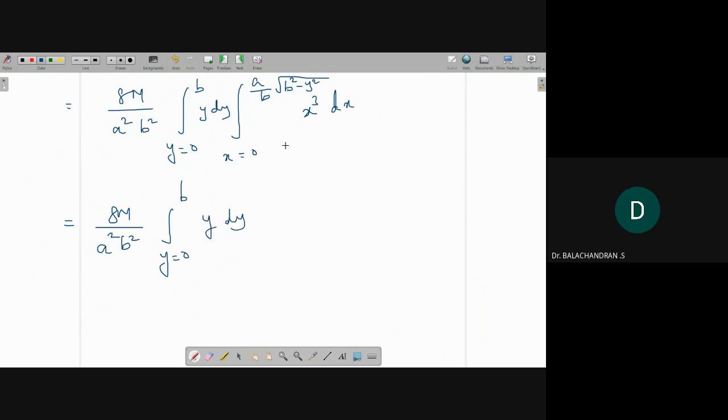If you integrate this, x power 4 by 4, limit is from x equal to 0 to a by b root of b square minus y square. Okay. So now substitute the limits. This is the 4, here have 8. So 2m by a square b square.